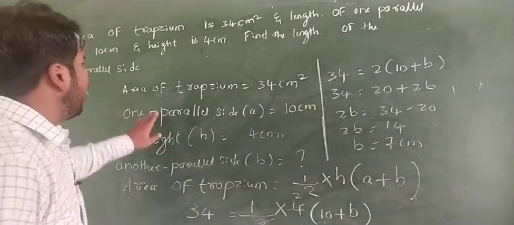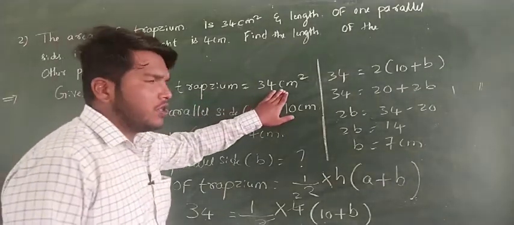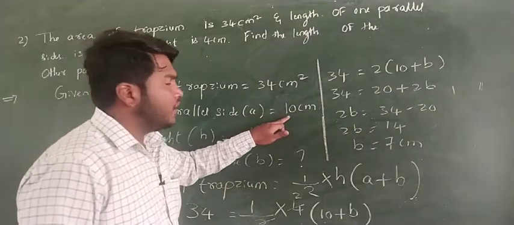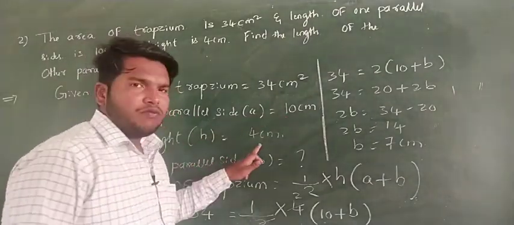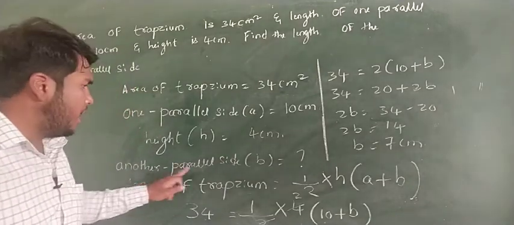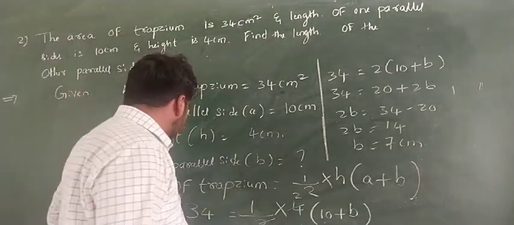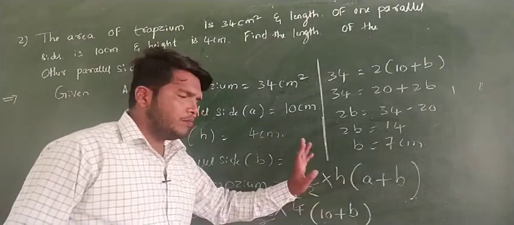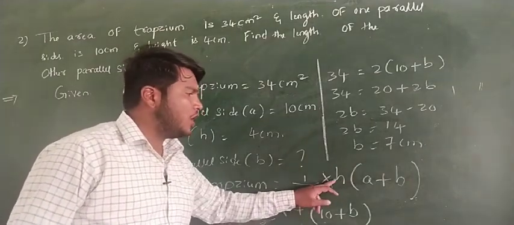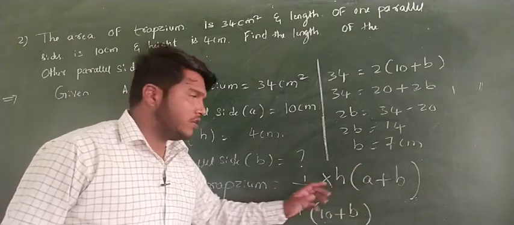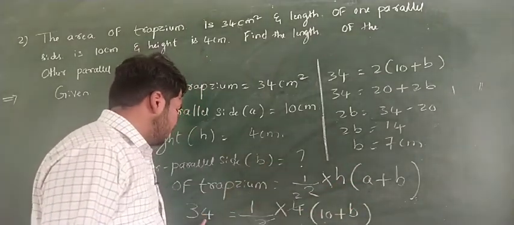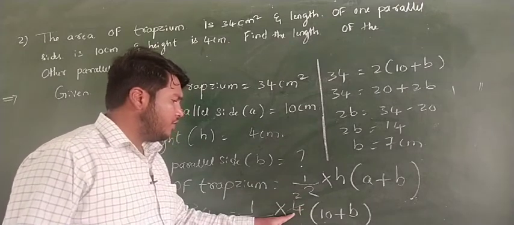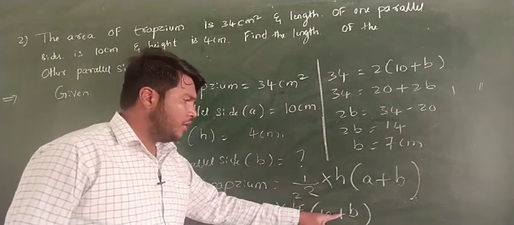Therefore, you can write the other side as 7 centimeter. Okay, so see here what I did: the area of trapezium is given as 34 centimeter square, one parallel side, that is A, is given as 10 centimeter and height is given as 4 centimeter, and another parallel side you need to find. So you already derived the area of trapezium, that is half into h into sum of the parallel sides, that is half into altitude into sum of the parallel sides. So in the given question, area of trapezium is 34, that is half, then height is 4 and A is 10, B is not given.